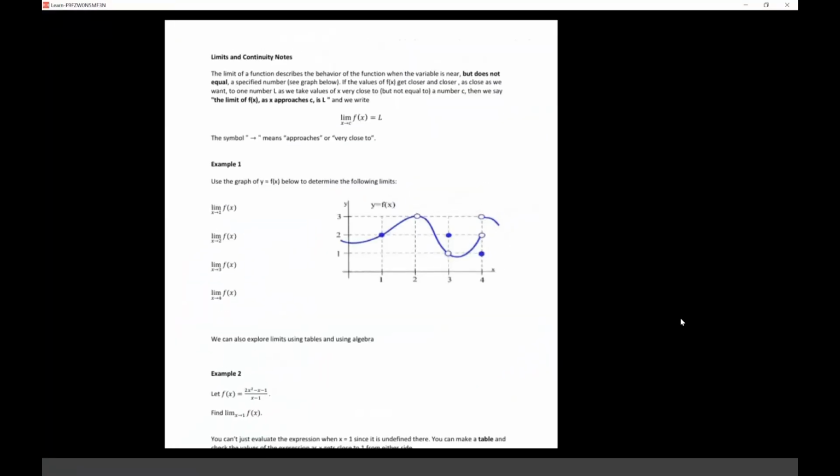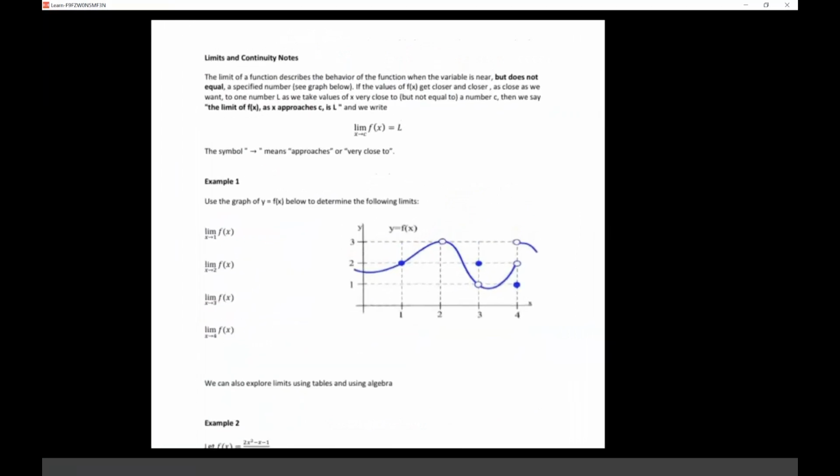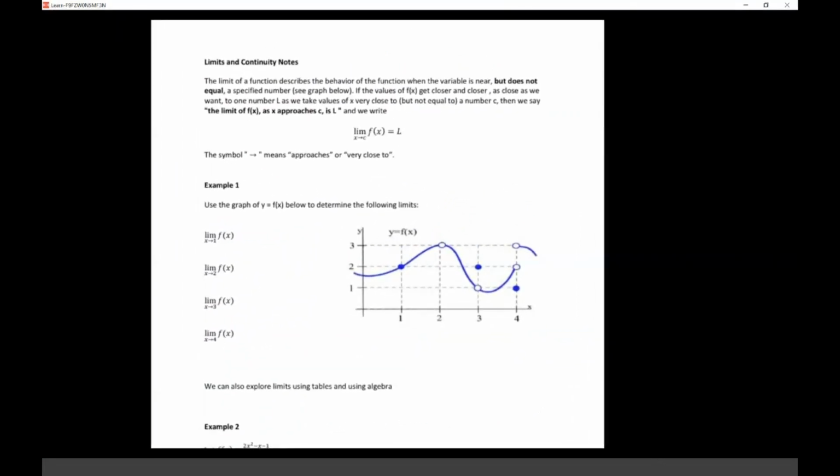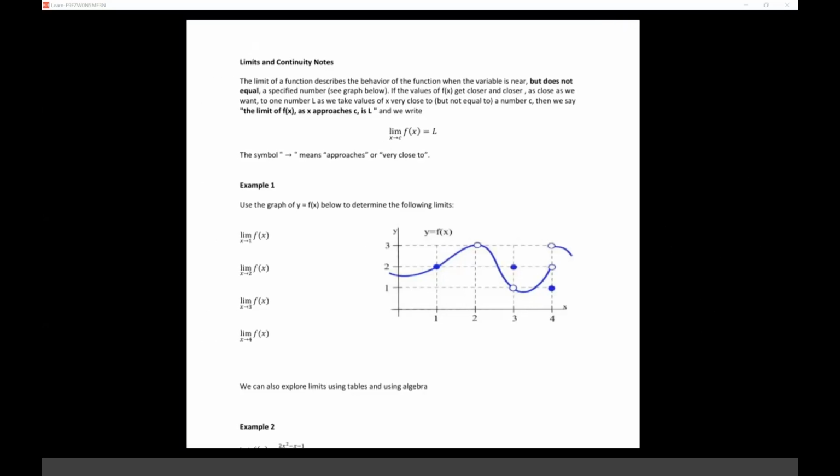Everybody should be seeing the limits and continuity notes. I'm going to open the chat, so if you've got a problem, either unmute yourself right away and say, hey, I'm not seeing it, or just type in the chat. Everybody got this? Can somebody just unmute and say, yeah, I can see it? Yes, ma'am, you're good. Yeah, we can see it. Thank you. Got to make sure everything is working before we just launch on.